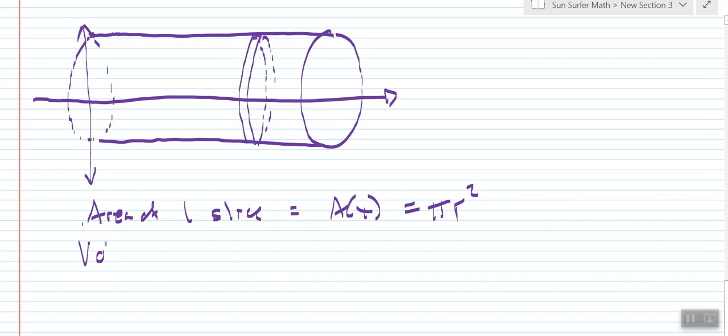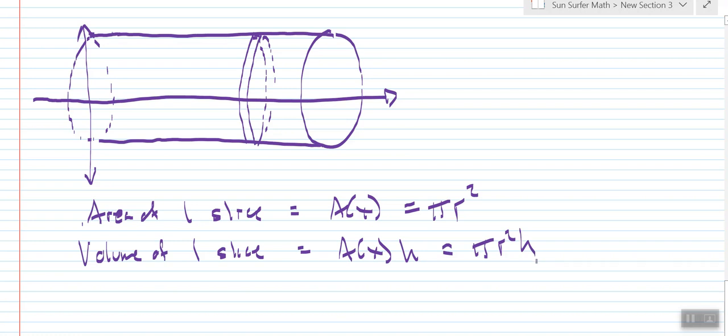The volume of one slice would simply be, just like we said in the previous example, the cross-sectional area times the height. So once again, that would be pi r squared times h. But in this case, because this is along the x-axis, let's call the height of this delta x. All right, so this would be pi r squared delta x.